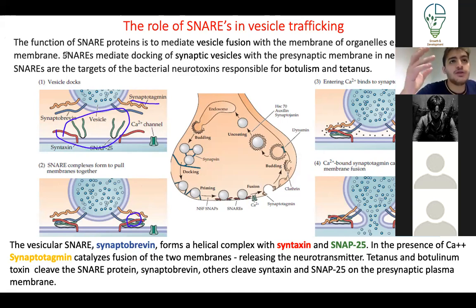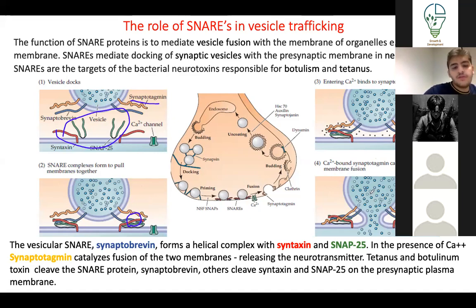And one thing that you should keep in mind is the fact that some toxins, or Botox, if you guys are familiar with it, some toxins bind to these different proteins at the cell membrane and cut them. So you end up with what? You end up with no exocytosis. When this happens, you don't get the release of the neurotransmitter here.